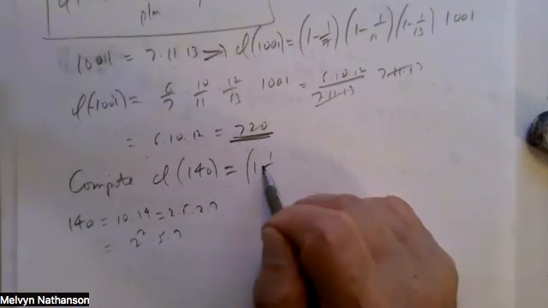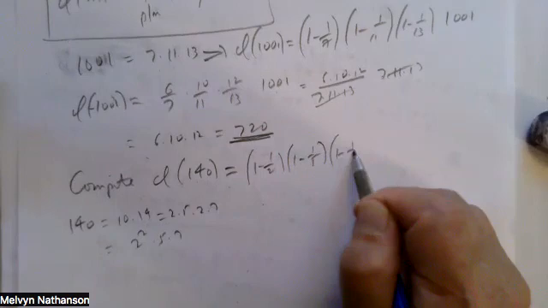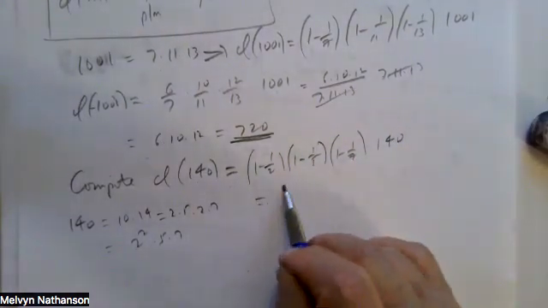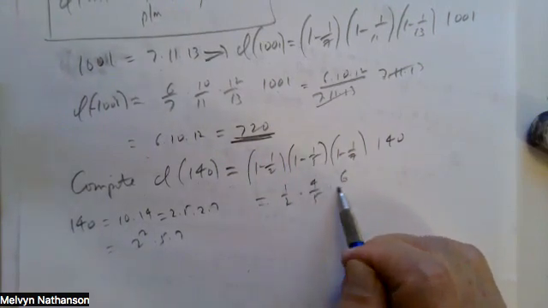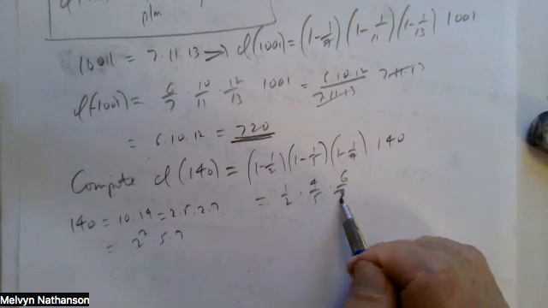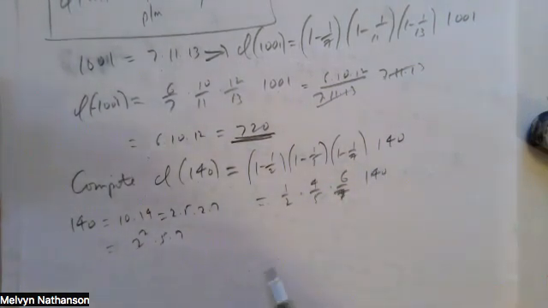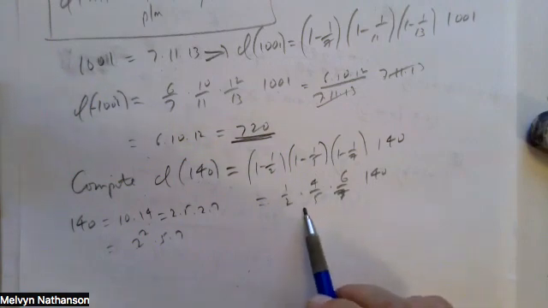So you get 1 minus a half, 1 minus a fifth, 1 minus a seventh, times 140. That's 1 half times 4 fifths times 6 sevenths times 140. Let's see, 2 times 5 times 7, this is 70.